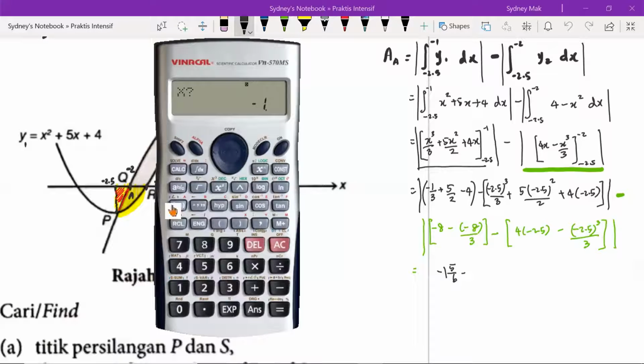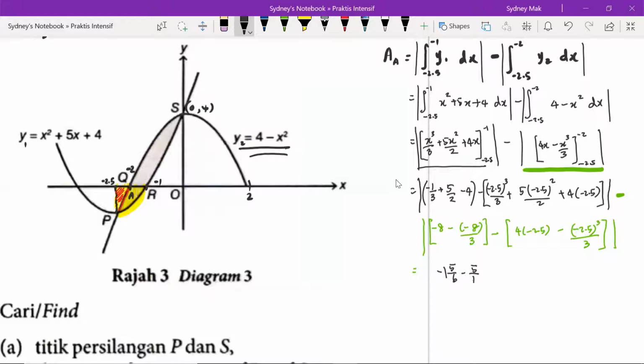-2.5. So we have 5 over 12. So minus 5 over 12. Okay, and these two, let's add together.